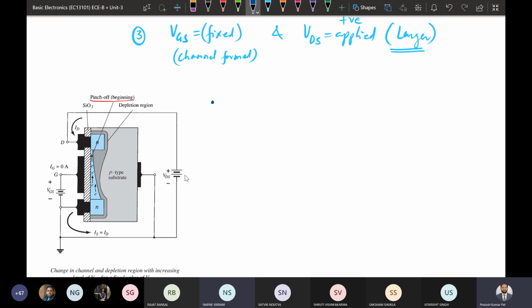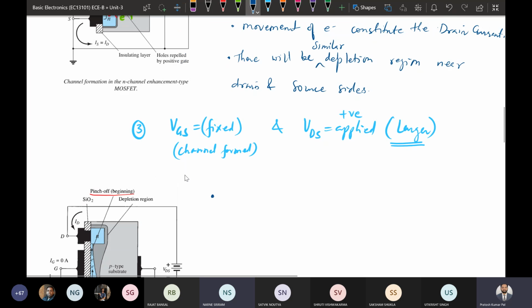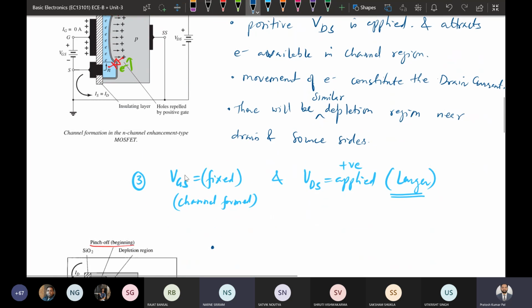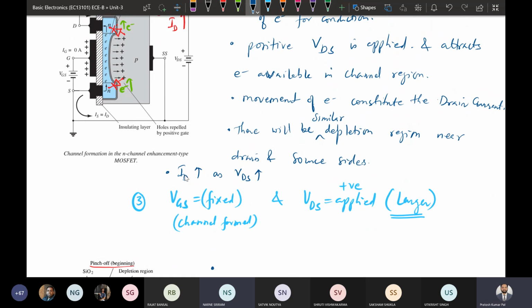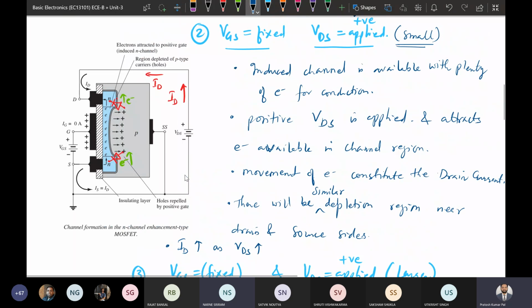Here we can write one more term: the drain current will increase, so ID increases as VDS increases. As we increase VDS, the ID will be increasing, if we have applied the VDS small.